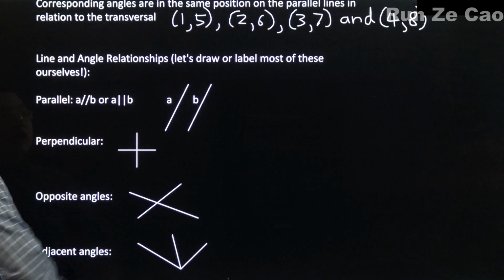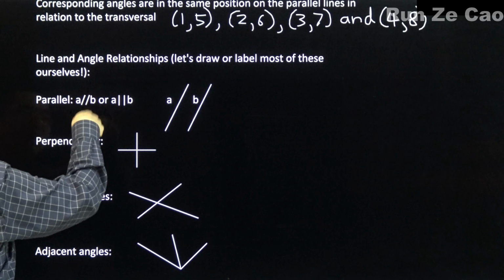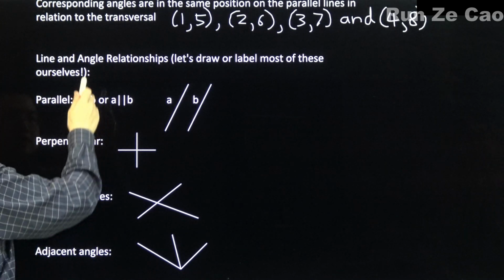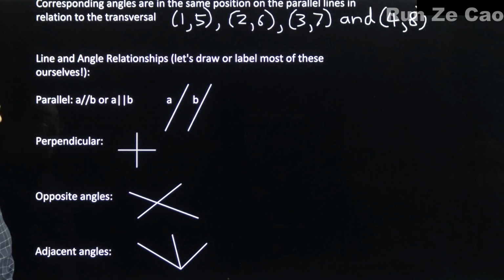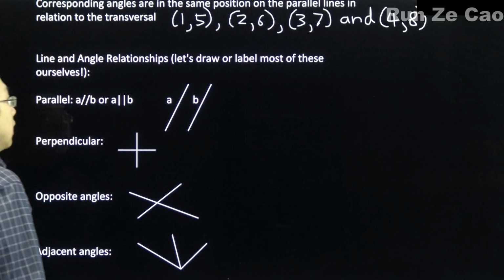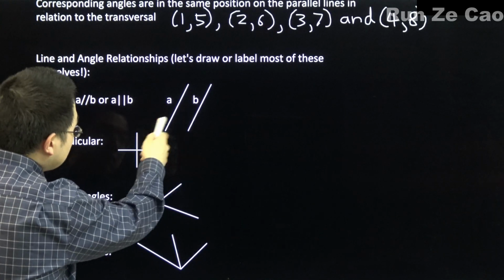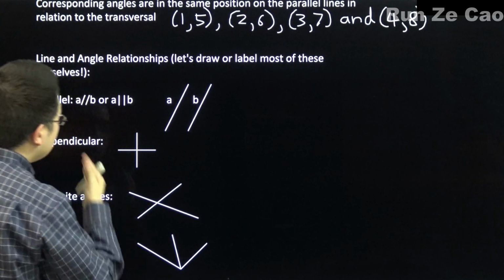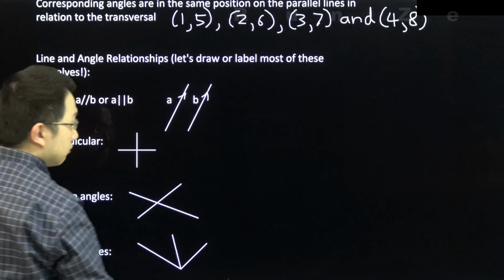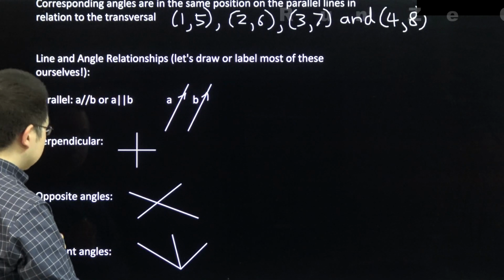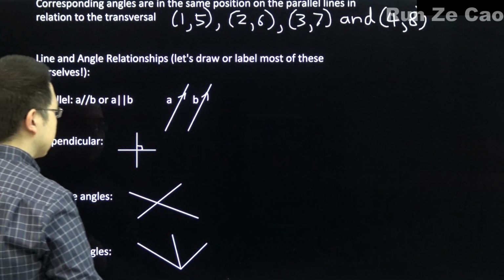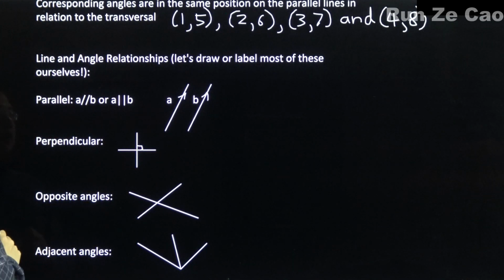For parallel, we have A is parallel to B, or depending on notation, you can have these double vertical lines for parallel instead. And the lines would look something like this. To mark them as being parallel, you would put arrows going the same way.